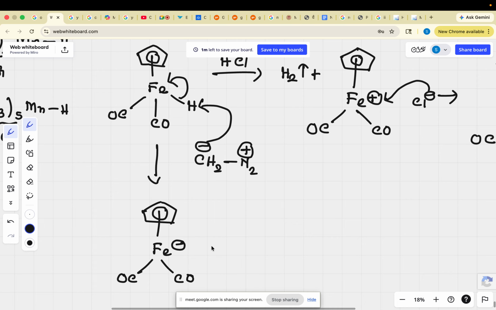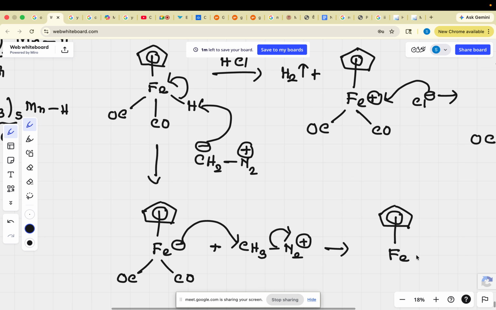So negative charge, and here I have 2 carbonyl. Next, if this CH2 minus takes up the proton, what am I getting? CH3 N2 plus. So this negative charge will attack on the carbon center, nitrogen will release from here. So what am I getting?